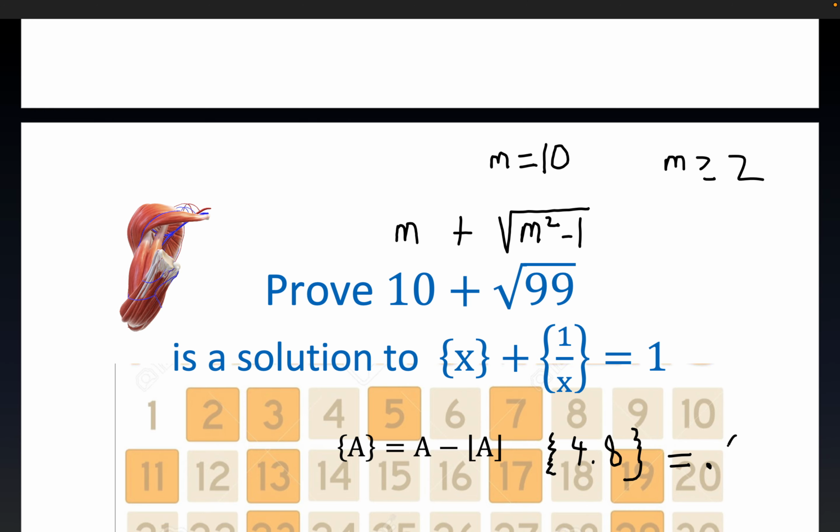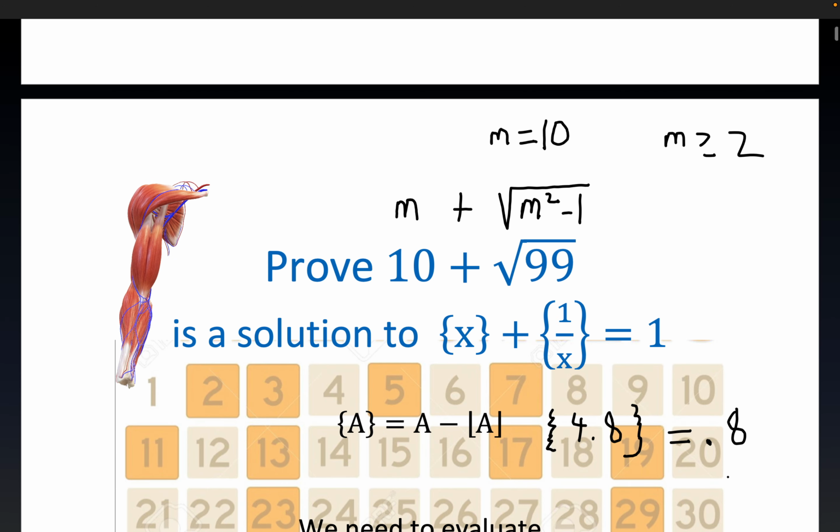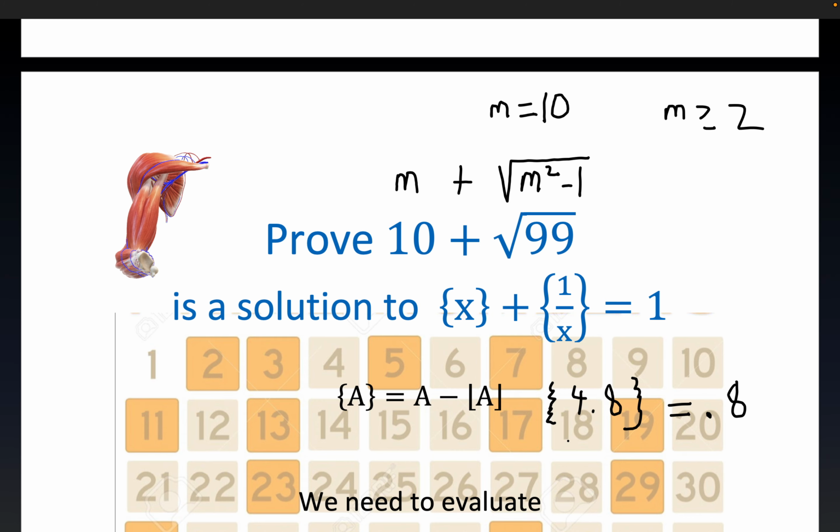But notice that that's the very same thing as the number minus its floor. So that would be 4.8 minus its floor, and the floor of this is, of course, 4.